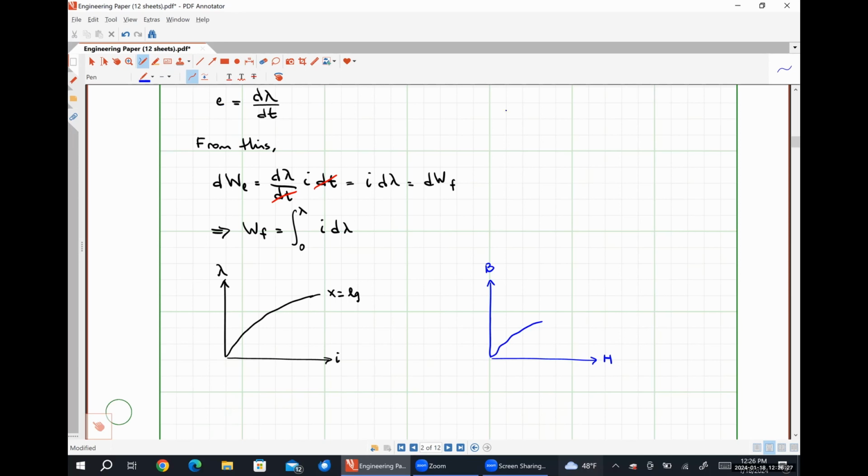For that, our flux linkage is N times our magnetic flux.